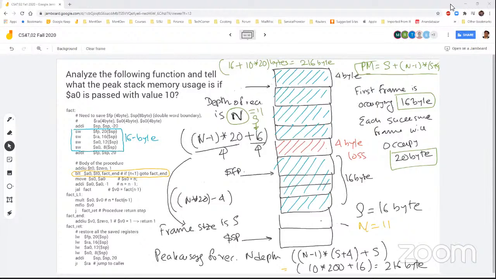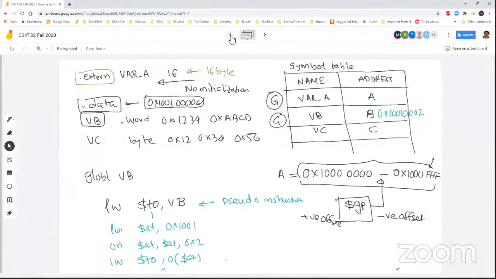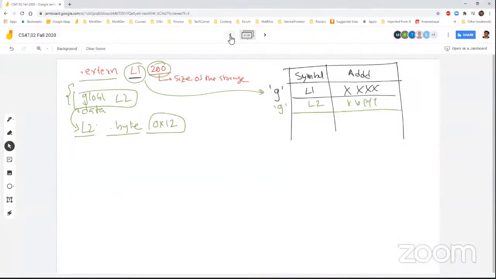Let me just come to a page where I can use. Yeah, use that. Okay, so you see, there is a processor, and there's memory.